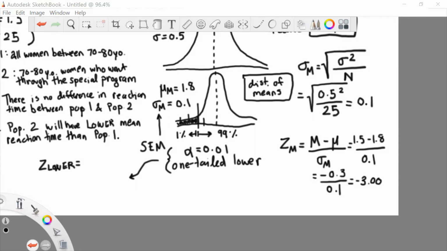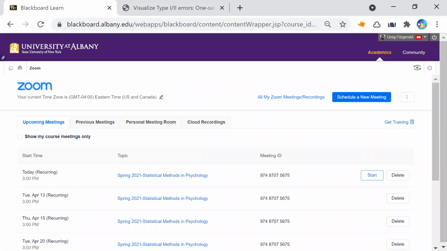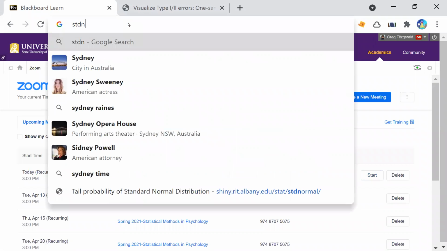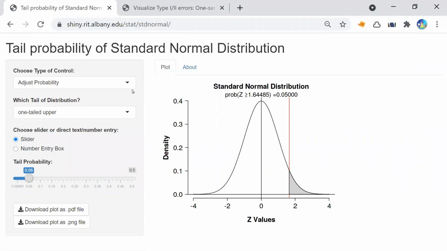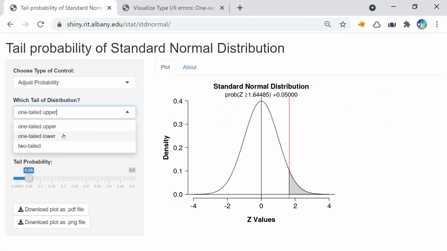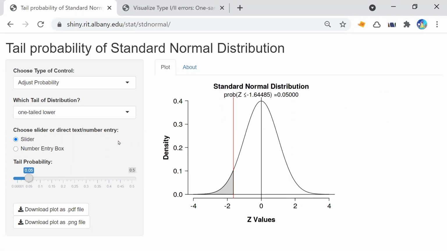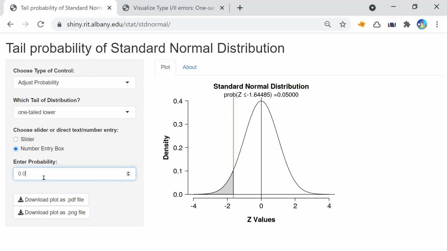You could go to the Shiny app, which is what I'm going to do. The Shiny app is your friend. If we choose a one-tailed lower test, and as our tail probability, our alpha value, 0.01, it gives us that the z-score is minus 2.33.